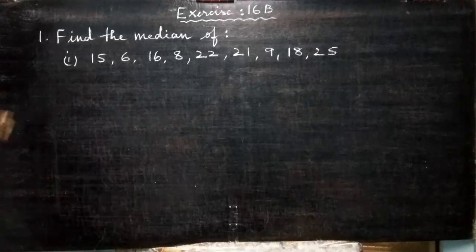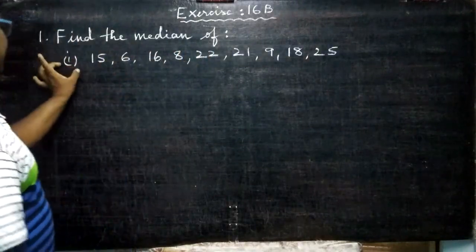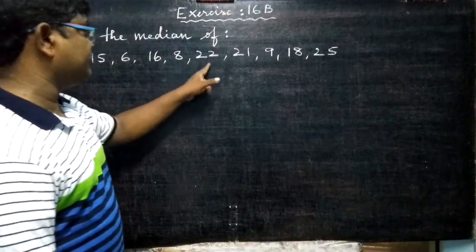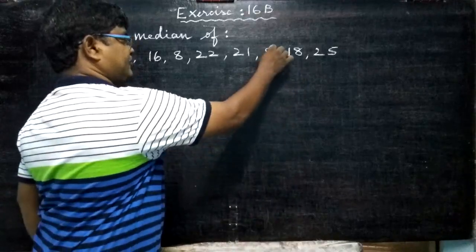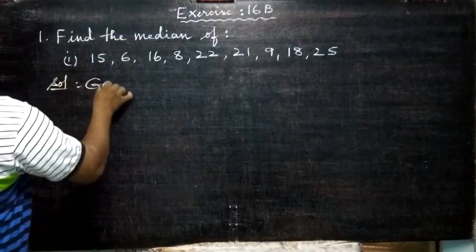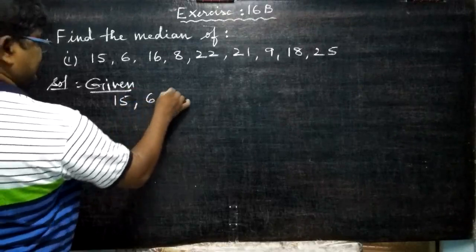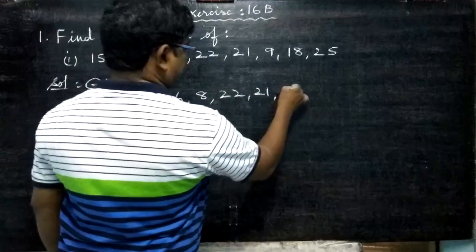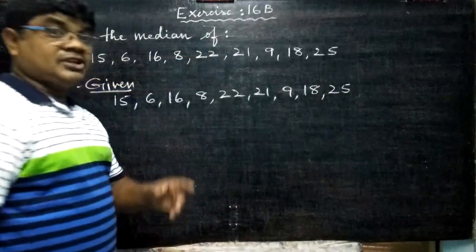Exercise 16B now. The first problem. Find the median of 15, 6, 16, 8, 22, 21, 9, 18, 25. They have given observations. First thing, what we have to do?